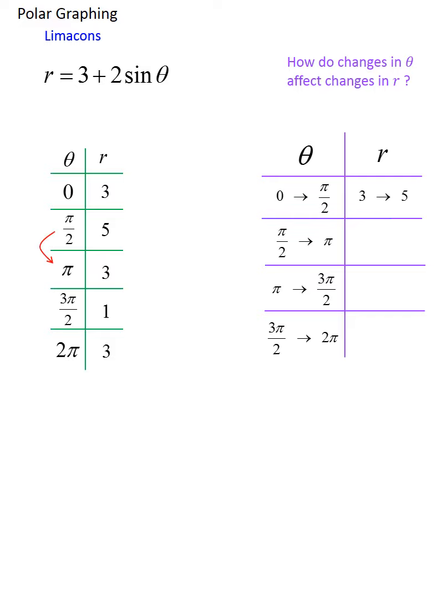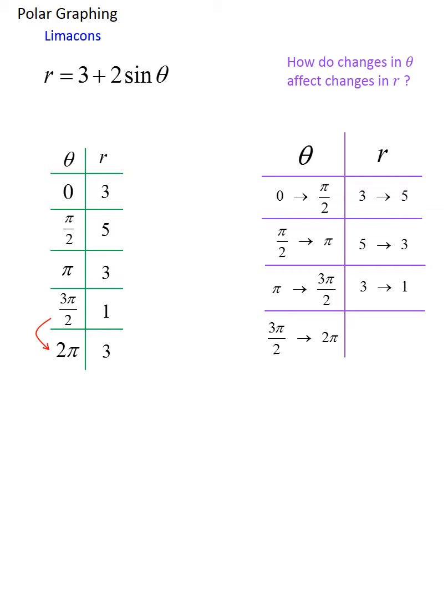Quadrant 2, as theta goes from pi over 2 to pi, r goes from 5 to 3. I can symbolize that this way. In quadrant 3, r is going from 3 to 1. I'll make a note of that here.